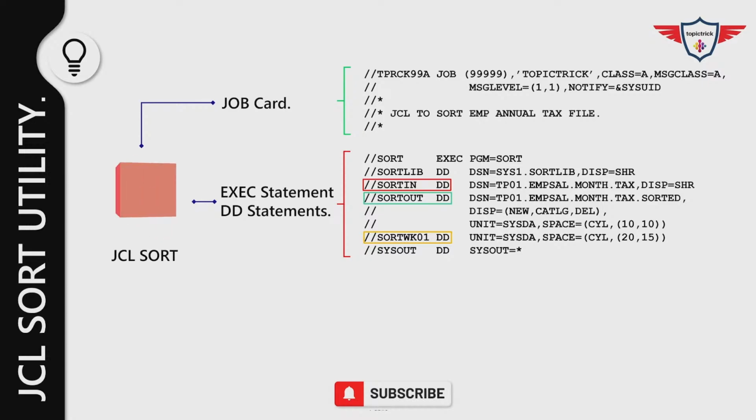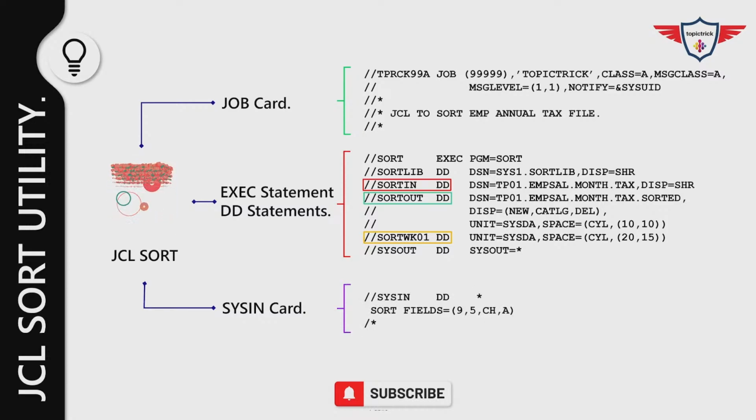The DD name SORTIN is used to specify the input file, the DD name SORTOUT is used to specify your output file, and SORTWK01 is used to specify your work file. The next DD statement is SYSOUT, and it is generally used to print or store messages generated by the sort utility. And the third section is SYSIN card, and it is generally used to provide the inclusion or exclusion criteria.